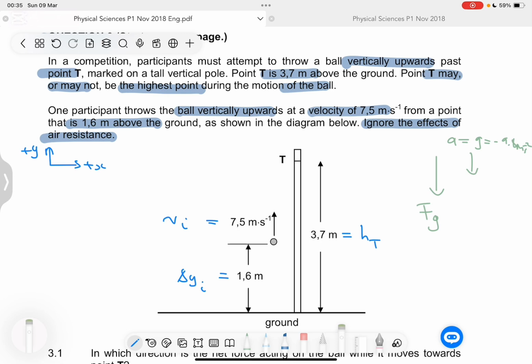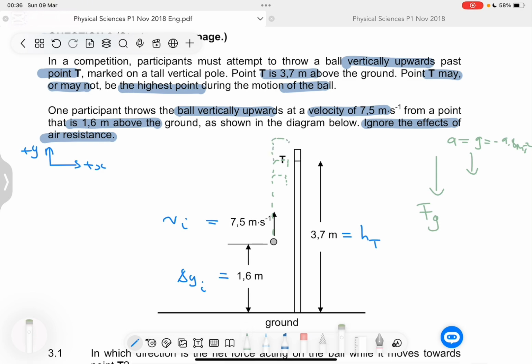The other thing that I may draw is to say that when this ball is thrown vertically upwards with a velocity of 7.5, it will make a trajectory or a path such that maybe it will come here and come back, or it will move from this point and continue past this point and maybe reach this point and come down, or it will continue going up and exceed this point.